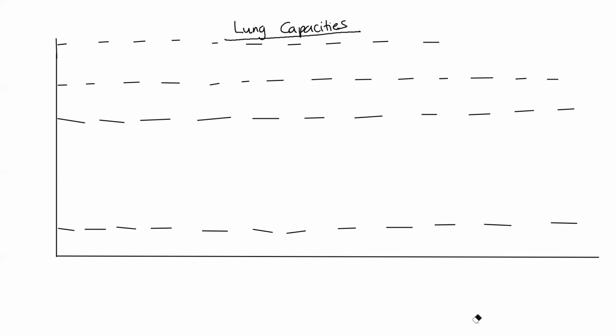capacities here. So again, we're thinking about tidal volume being that normal, quiet breath. We go in and out in a normal, quiet breath. And then we want to think about a max inspiration or a forced inspiration here. So this is a normal breath, and this is max inspiration.